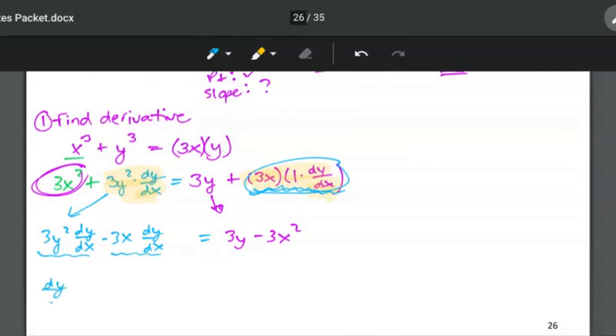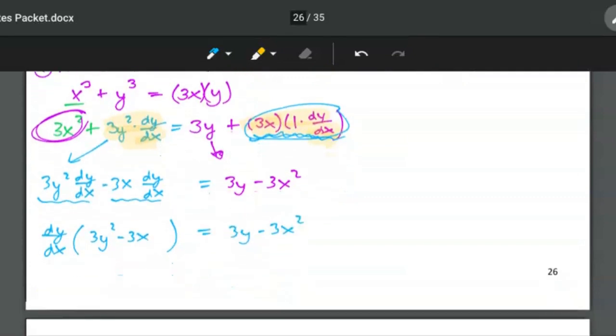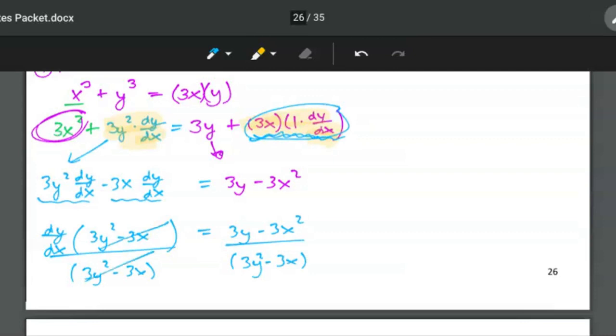So if we do that, we're left with 3y squared minus 3x equals 3y minus 3x squared. And then to get dy dx by itself, we just have to divide both sides by 3y squared minus 3x. So these quantities cancel, and that is what your dy dx equals.